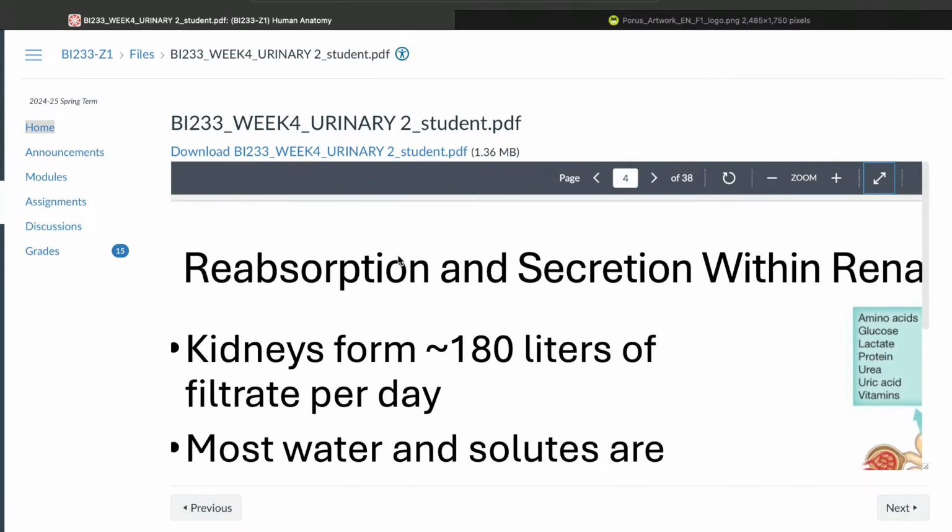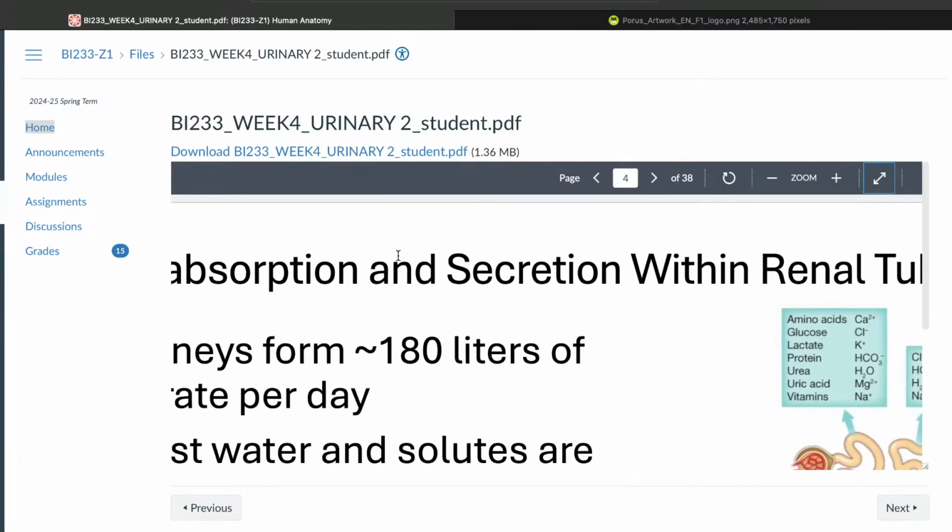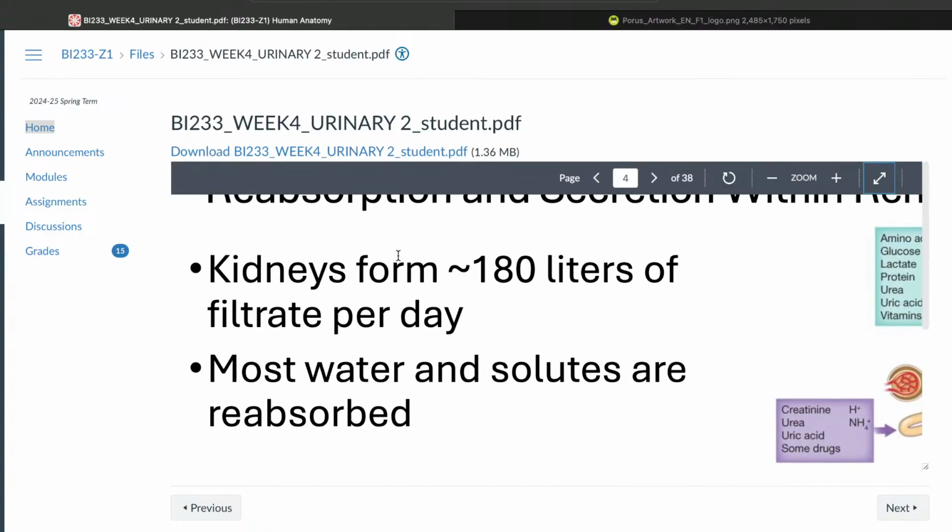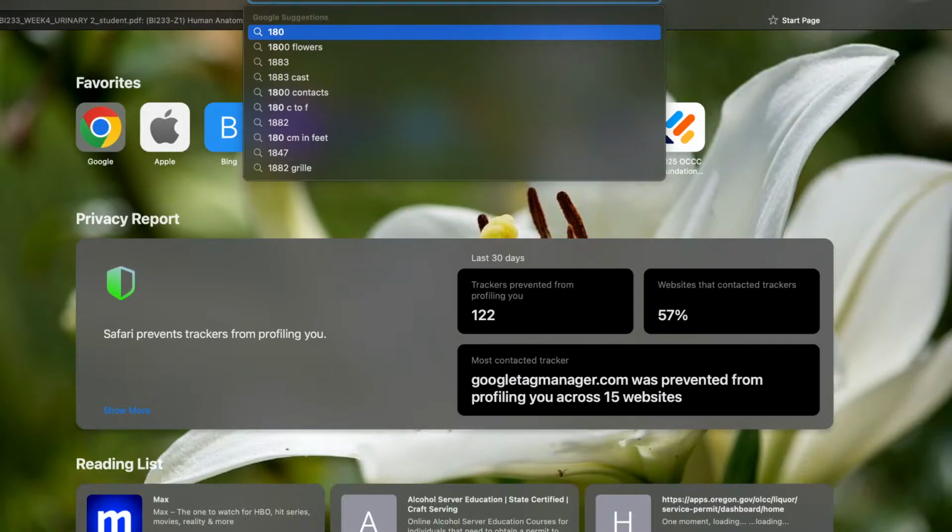All right, so reabsorption and secretion within the renal tubule. Kidneys form around 180 liters of filtrate per day, which is a lot of pee.